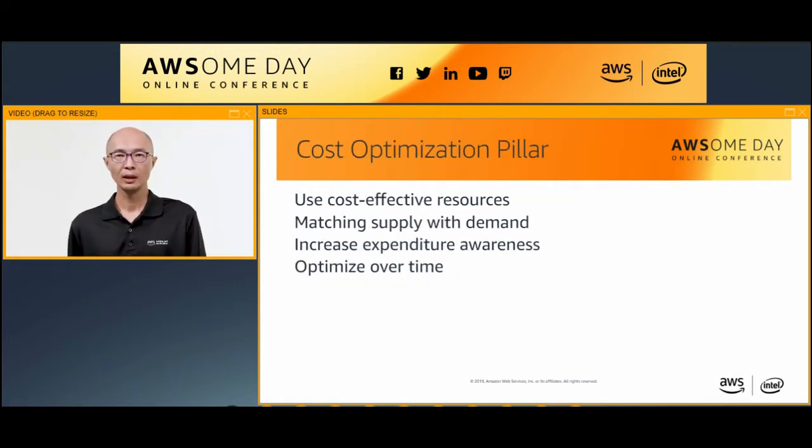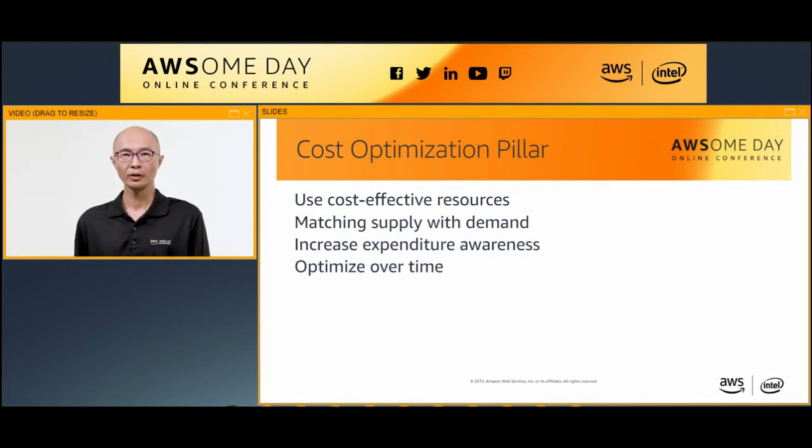Our next pillar is the cost optimization pillar, which includes the continual process of refinement and improvement of a system throughout its entire life cycle. This pillar encompasses the idea that you can build and operate cost-aware systems and maximize its return on investment.